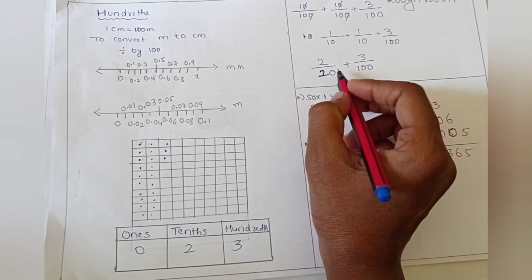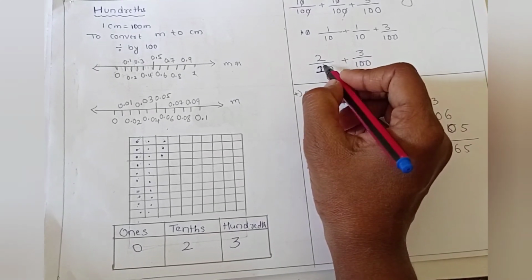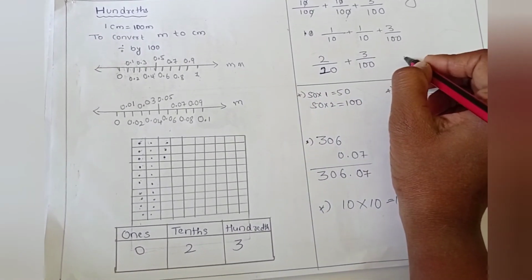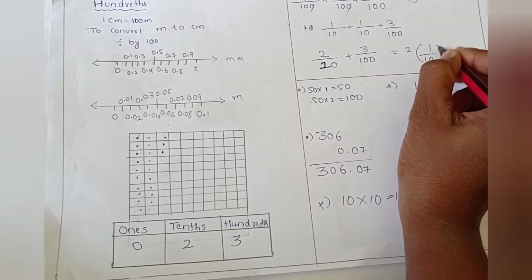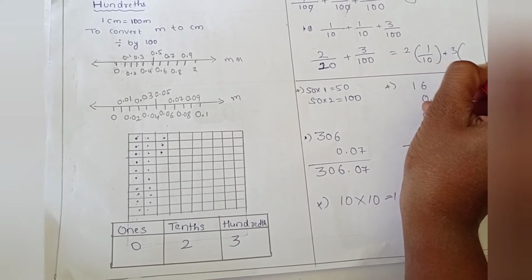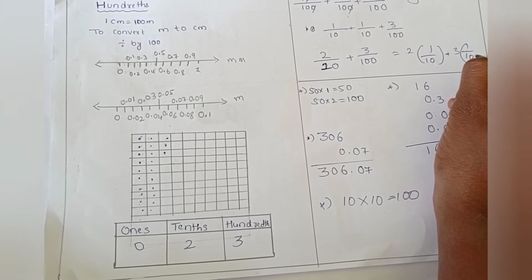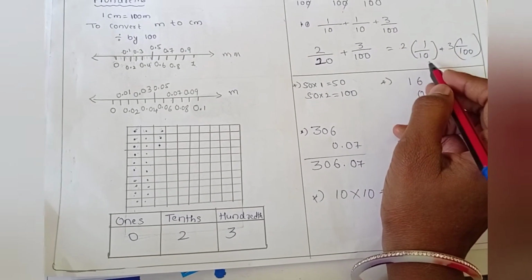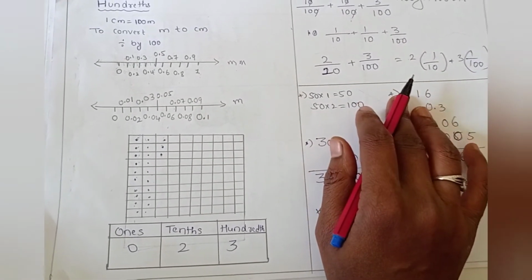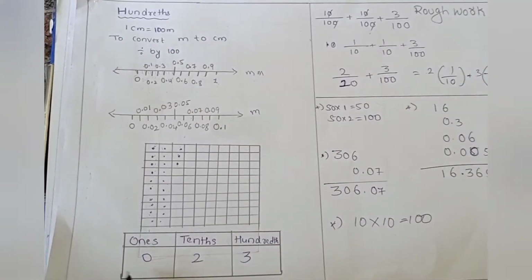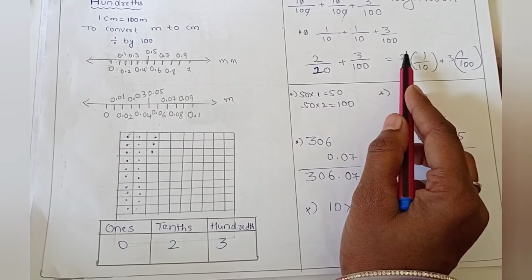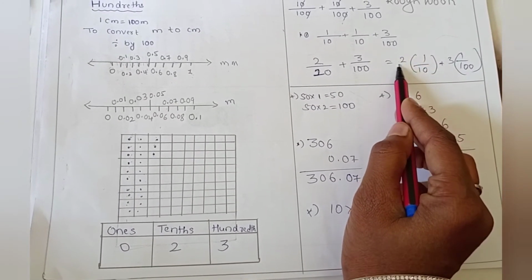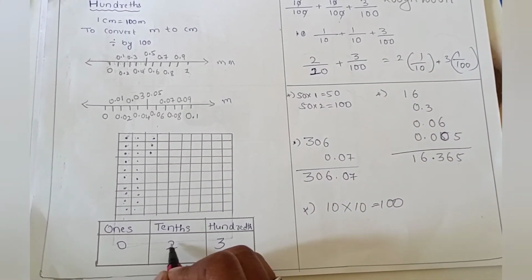So children, here can you observe, this is in the form of 2 into 1 by 10 plus 3 into 1 by 100, right? What do you mean by 1 by 10? 1 by 10 is nothing but tenths, right? So how many 1 by 10s? 2 1 by 10s.